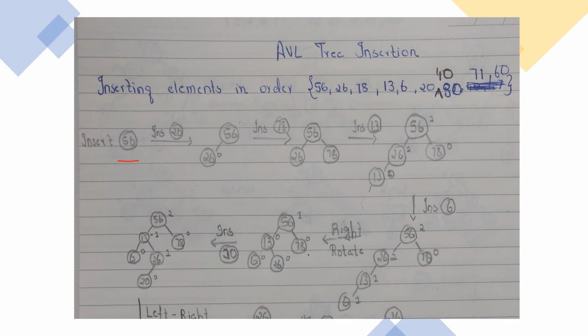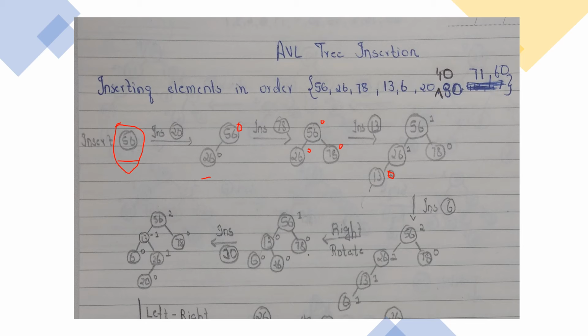After insertion, this is our parent node, the top node, and now we insert 26. 26 is here. This should be 0. Now we insert 78, 0, 0, 0, and now we insert 13. 13 comes here. This becomes 0. This is 1, 1, 0, and now we insert 6.